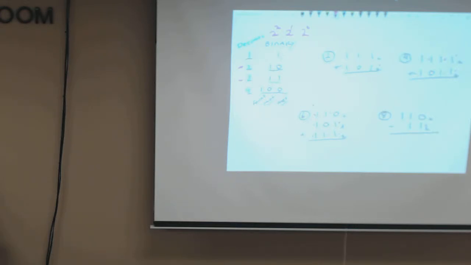So how do you say 2? 1 two, and no ones. How do you say 3 in binary? 1 two, and 1 one. So you write 1 1 in base 2. How do you say 4? Here's the 1's place. Here's the 2's place. Here's the 4's place.